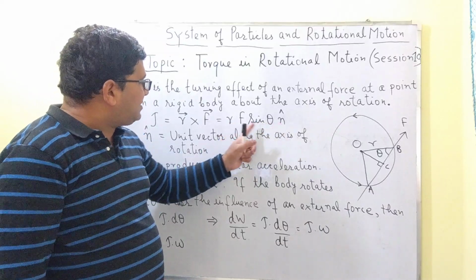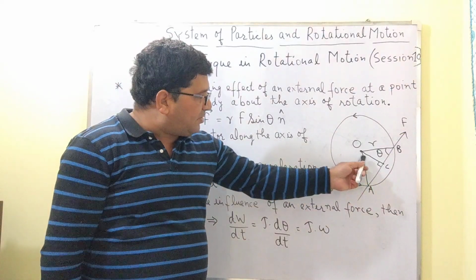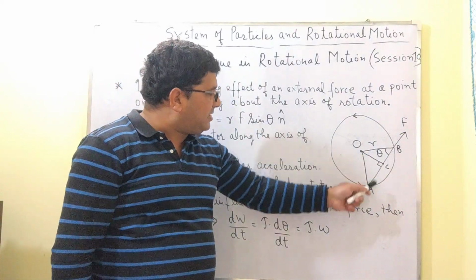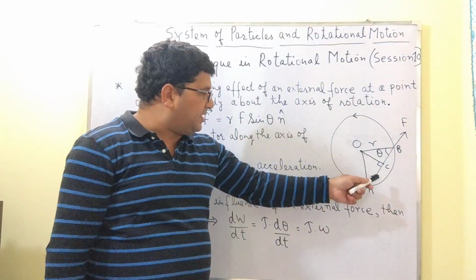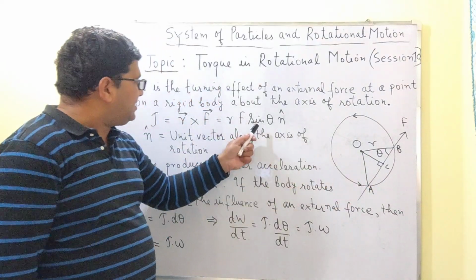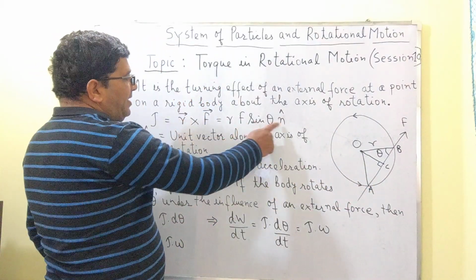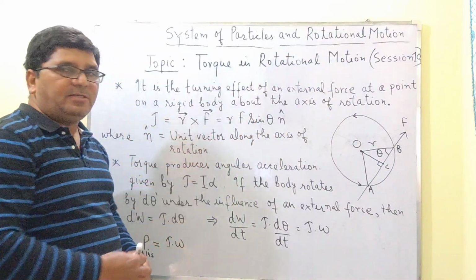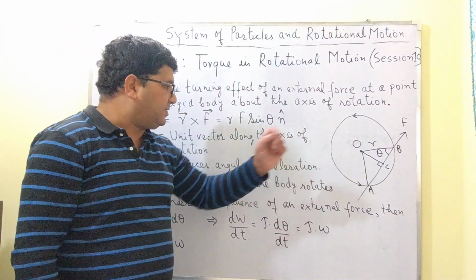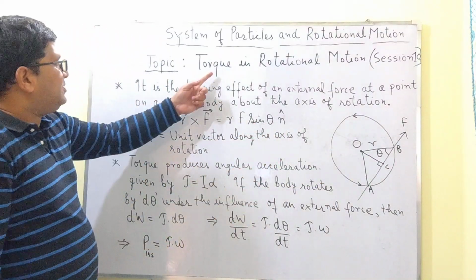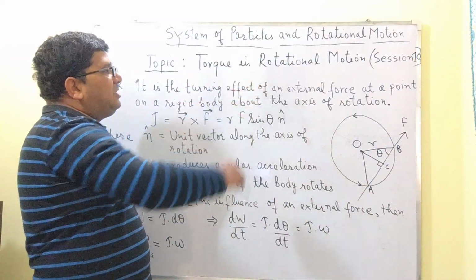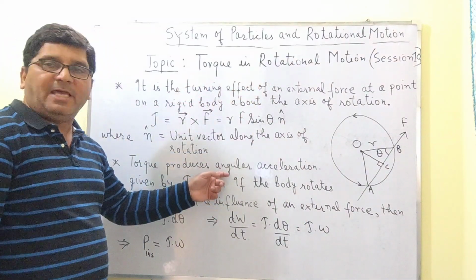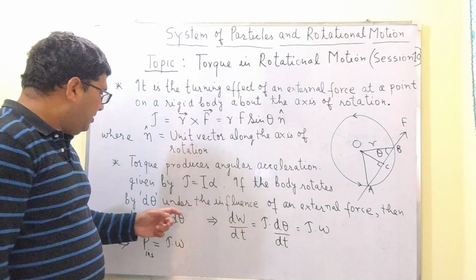Here R sine theta is basically the shortest distance between the line of action of force and the point of rotation. OC is equal to R sine theta multiplied by F, and here n cap is the unit vector along the axis of rotation.